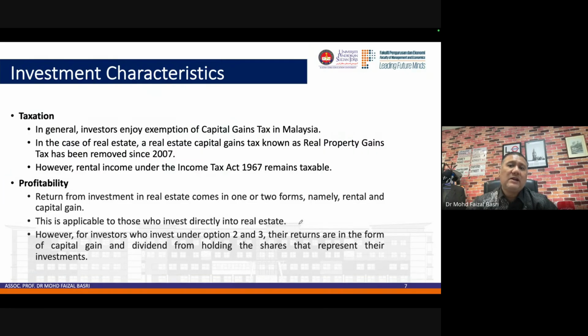Cuma capital gain dia bukan dari segi perubahan harga property tapi perubahan harga asset tu. Maknanya kalau you involve in option number 2, the share of the company increase in terms of price. Harga you beli RM2 per unit, sekarang harga dia dah naik RM2.50. So that 50 cent is your capital gain. Sama juga dengan REITs, okay, unit trust REITs. So harga beli X ringgit, dan bila dia dah naik harga, there's a possibility of capital gain as well.